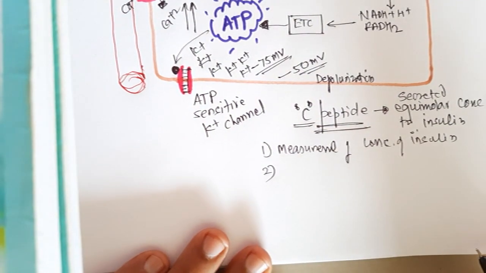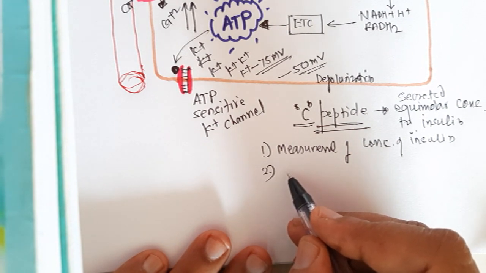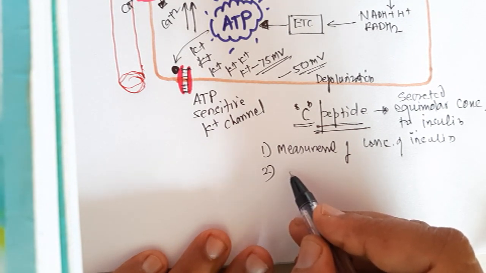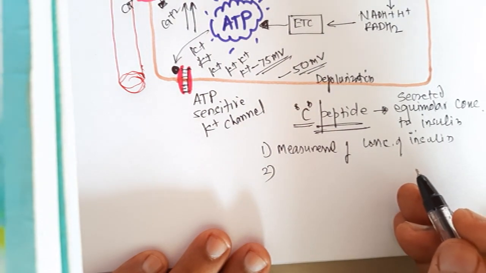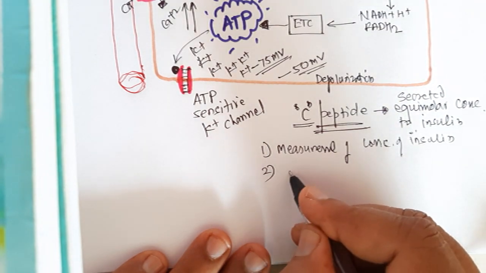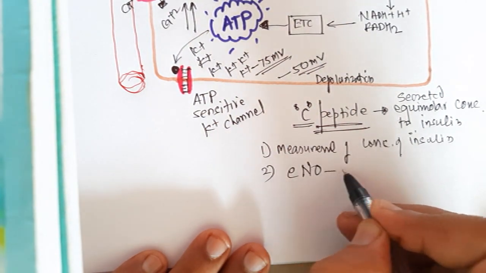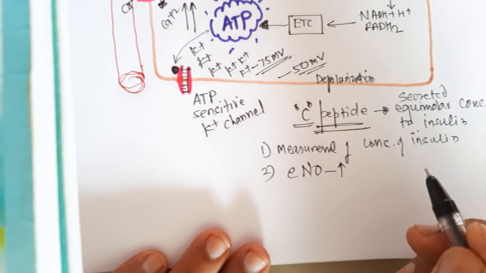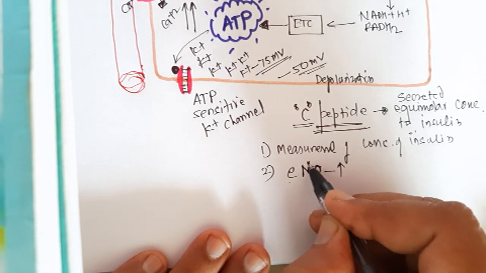The second importance of this C peptide is that it is important in the long term effects of diabetes mellitus. So this C peptide stimulates endothelial nitric oxide secretion. This endothelial nitric oxide, as you know, is a vasodilator.